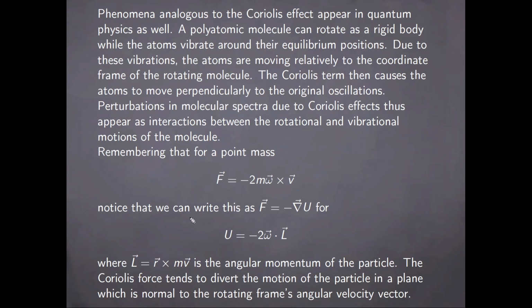And it is important to observe that this can be cast in the form of the gradient of a generalized potential, where this generalized potential function is identified with the dot product here, where omega is the angular velocity of the rotating frame and capital L is the angular momentum of the particle. When written like this, it is clear that the Coriolis force tends to divert the motion of the particle in a plane which is normal to the rotating frame's angular velocity.